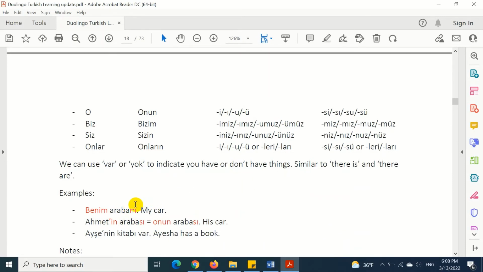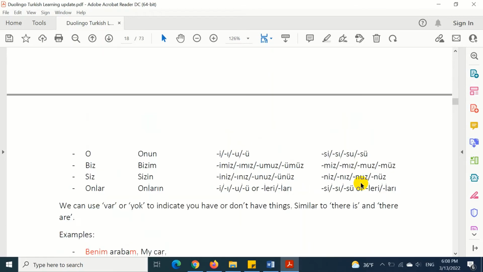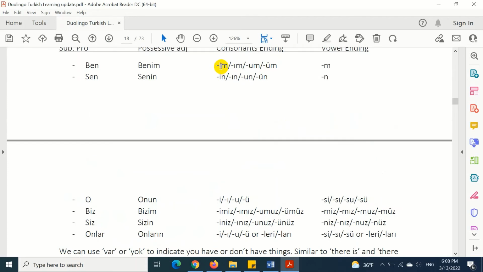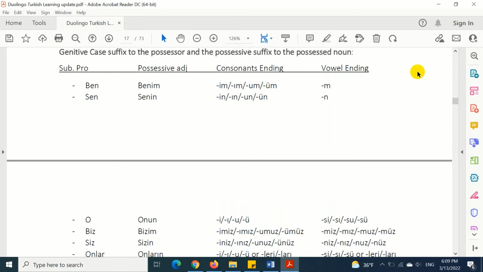But if it ends in a consonant letter, you add one of these letters, considering the 4-way vowel harmony. But if that noun ends in a vowel, only M is enough, considering the subject.